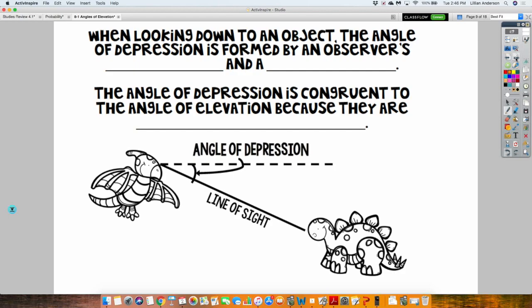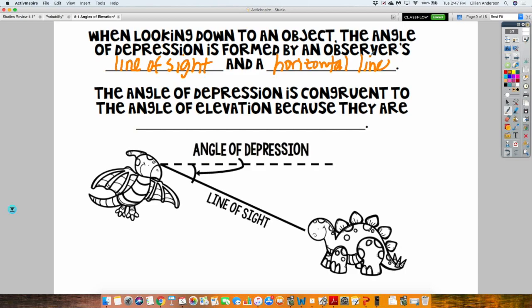So when you're looking down at an object, the angle of depression is formed by the observer's line of sight and a horizontal line. That horizontal line is key. There will be somebody who will try to put the angle of depression between the vertical line of the triangle and the line of sight. It comes from the horizontal, and everybody knows horizontal is left to right, not up and down, correct?